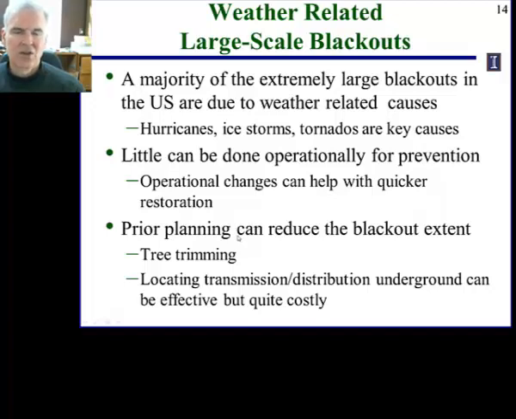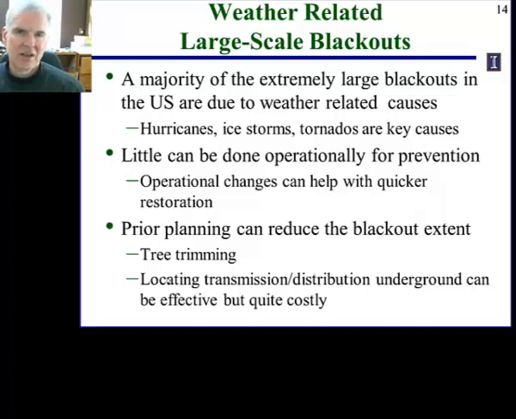Okay, certainly during a lot of weather-related disturbances, the trees are going to fall on the power lines. So how many trees you have, whether they are tall enough that they can hit the line, that depends on what you're doing with tree trimming. So tree trimming can help you reduce the extent of the blackout. More longer term, you might also look at how much of your transmission distribution system you have above ground versus how much of it is buried.